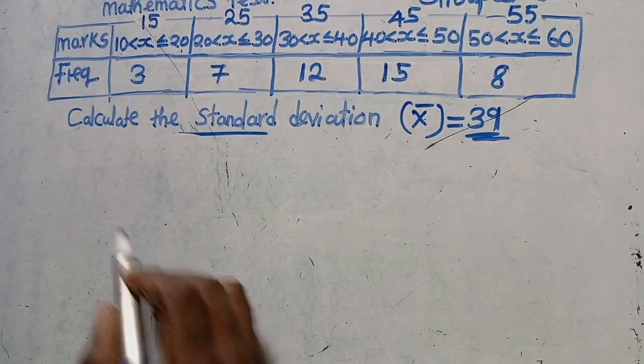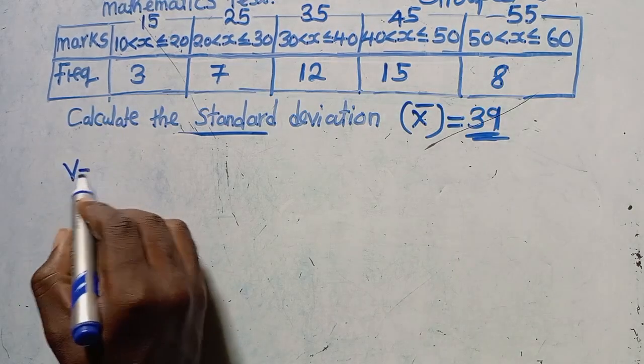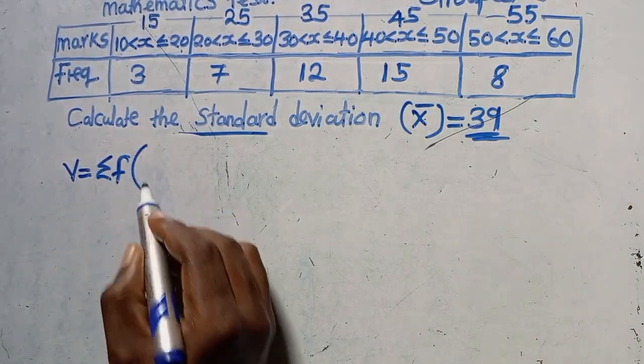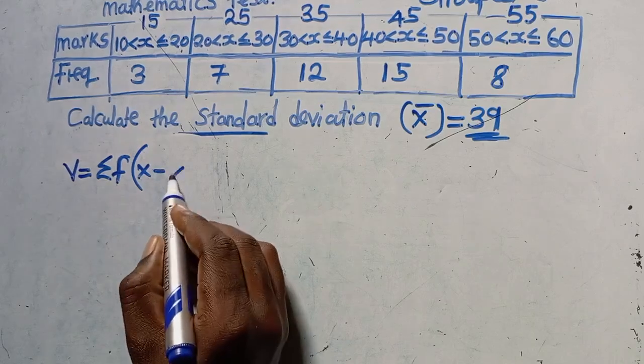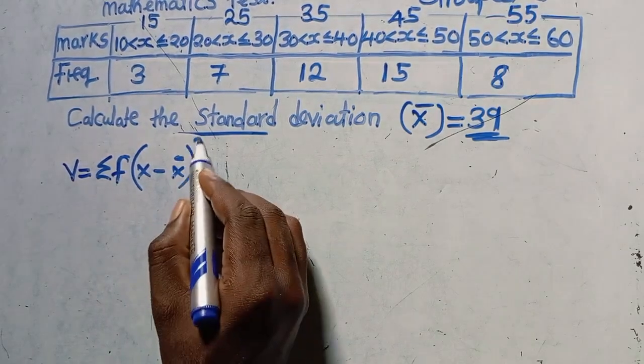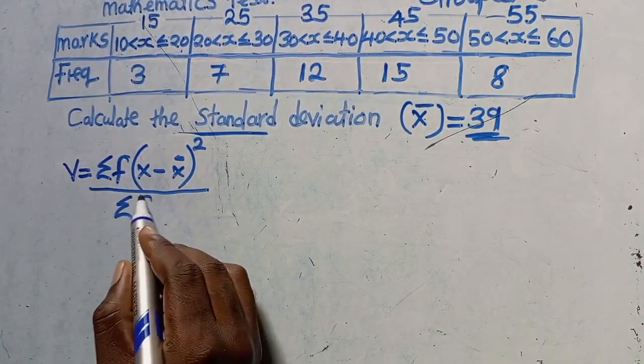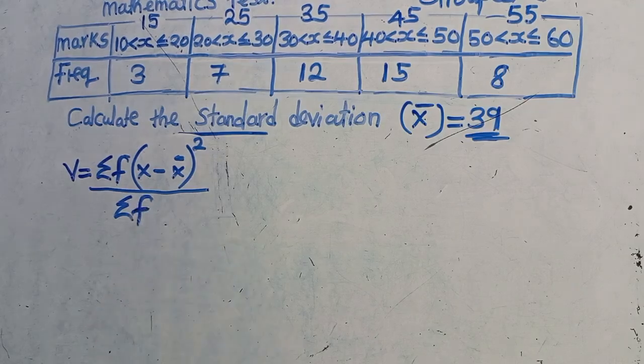You say variance is equal to summation of frequency, open bracket, x minus mean, close bracket squared, over summation of total frequency. So this is the formula you are going to be using.